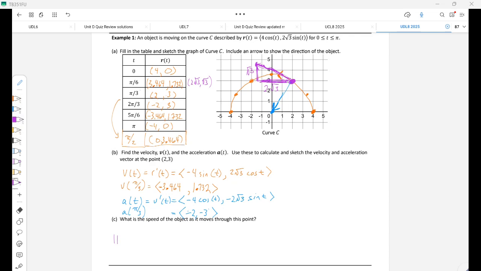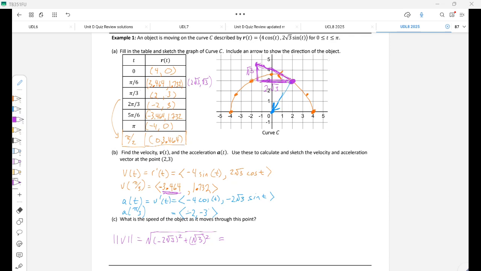So the speed is the magnitude of the velocity, which is the square root of the sum of the squares of the two components of velocity. So that's going to be negative 2 square root of 3, squared, plus the square root of 3, squared.